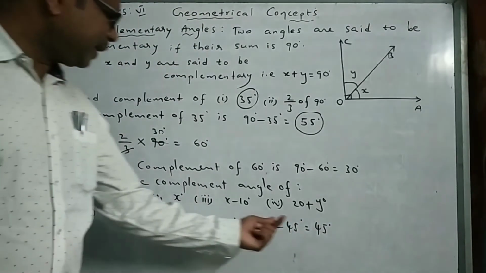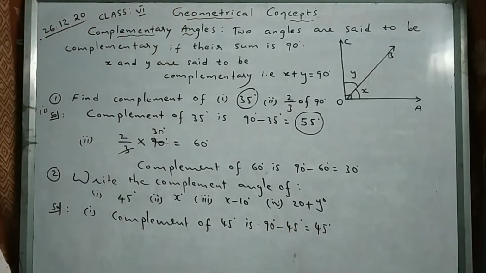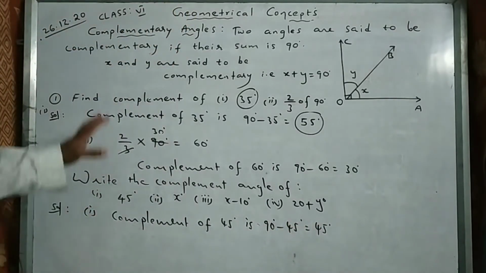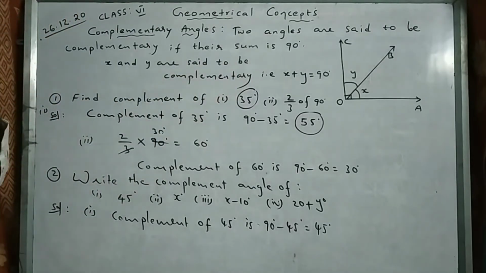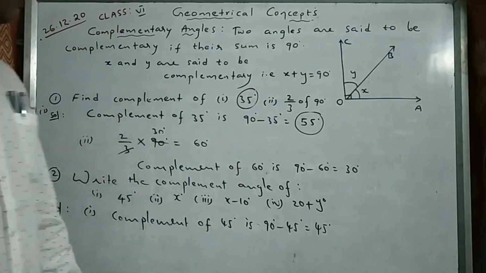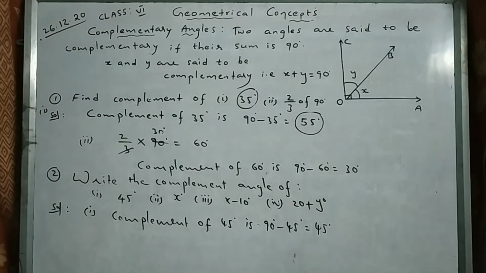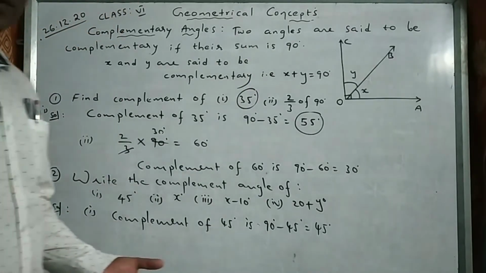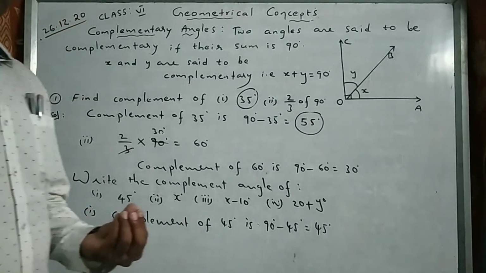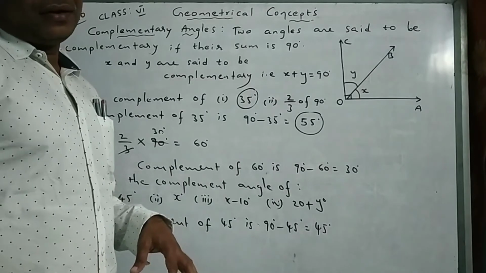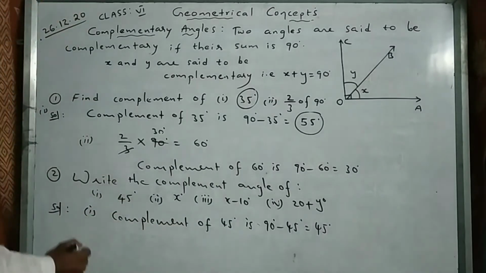Now 45 plus 45 together we will get 90. As the definition says, two angles are said to be complementary if their sum is 90 degrees. 90 degrees is also called a right angle. 180 degrees is called a straight angle. 360 degrees is called a complete angle. Okay, try to understand those.